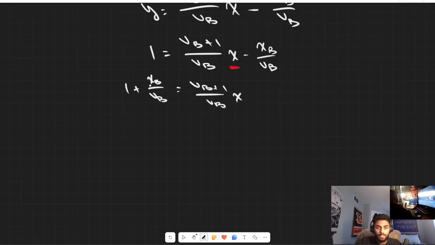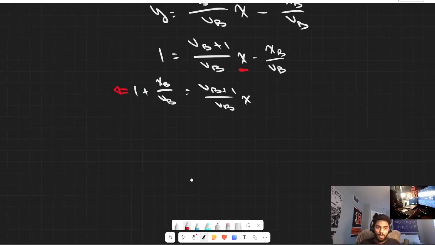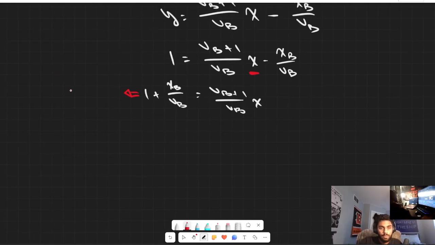And we know that this 1 over XB, if we do just the common denominator and add 1 to that, we get VB plus XB over VB. That's essentially the same as this. So what we can do is we'll multiply this VB over to this side, which will cancel out with the bottom, but I'll just write this out long form first.